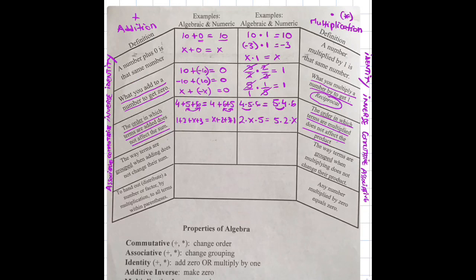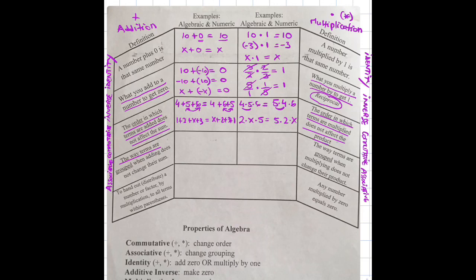When you think of the word associative property, please think of the meaning of associate. If I say, I am going to lunch with my associates today, that means I'm going to lunch with my group of friends or acquaintances. So to associate means to group.